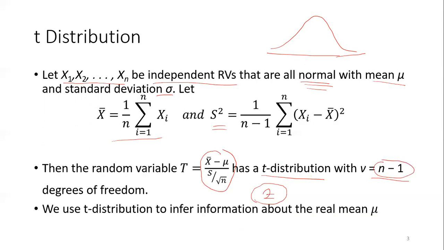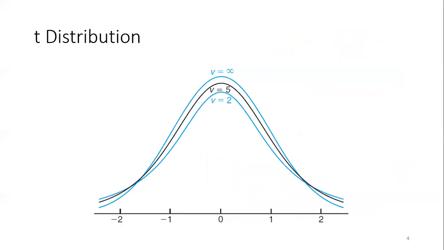Well, the t distribution is very, very similar to the normal distribution. This blue part is the plot of the t distribution with 2 degrees of freedom. This black part is the t distribution with 5 degrees of freedom.